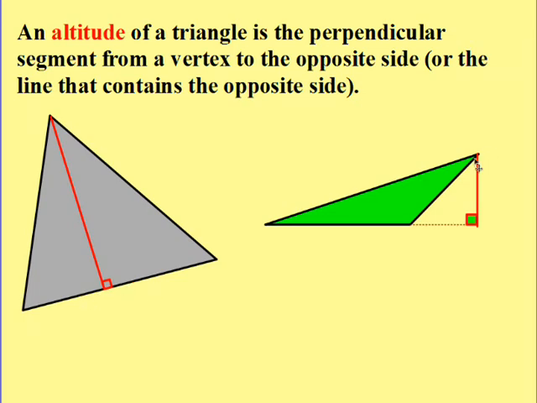Now on this triangle over here, the opposite side would be this one over here, and obviously we can't make a line that connects and intersects that side at a 90-degree angle. So what we do, we extend that side and then we make a segment that intersects that line at a 90-degree angle. And that's the second case.